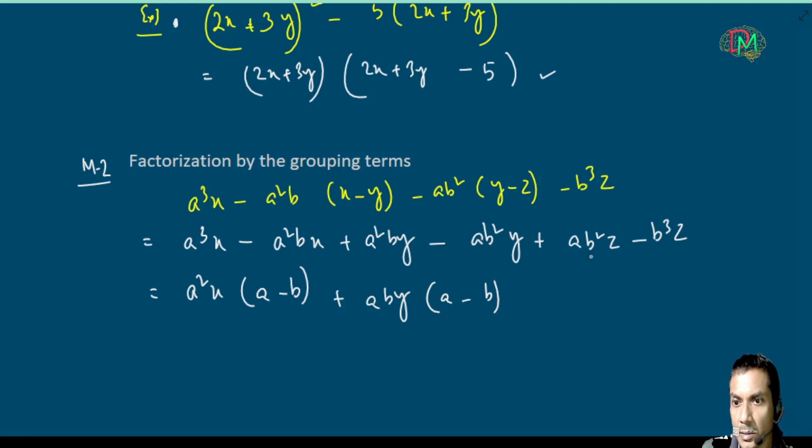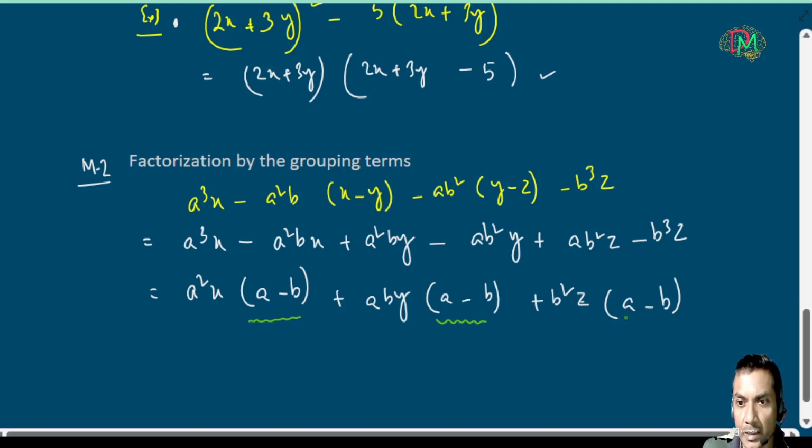And here we can take common b square z. A minus b remains. Look at this: we got the common factor a minus b from each term.